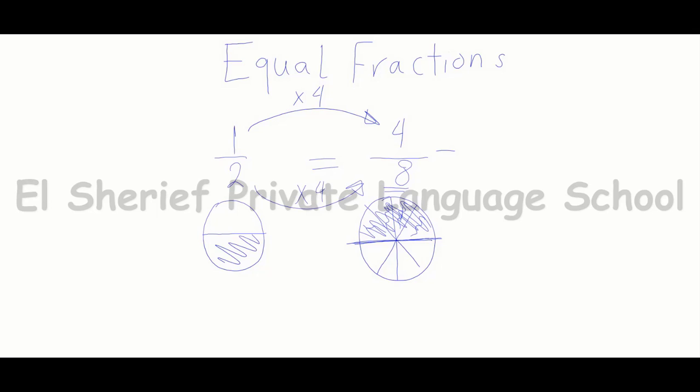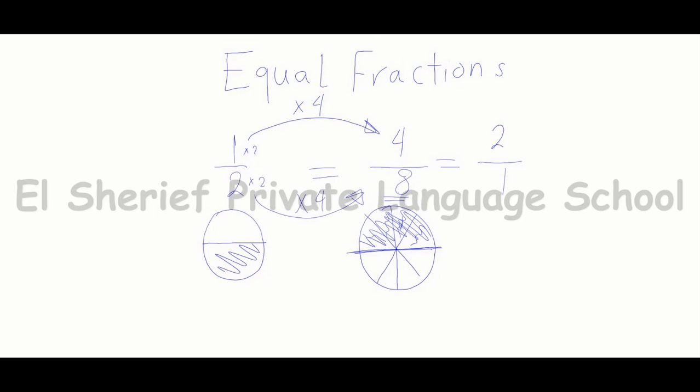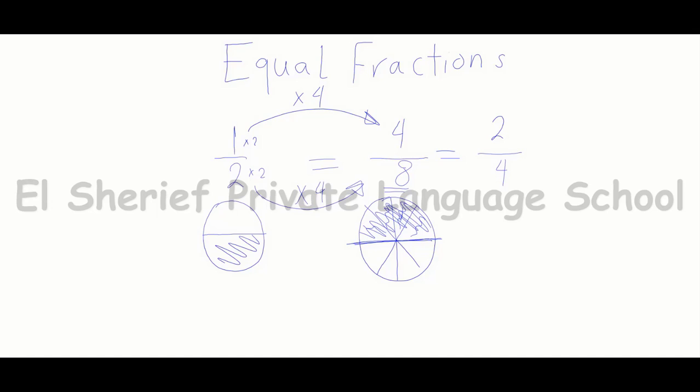Another equivalent fraction to a half is when we multiply by 2 up and down, multiplying the numerator and denominator by the same number. So 1 times 2 equals 2, and 2 times 2 equals 4. So we can multiply a half up and down by the same number and get an equivalent fraction. If we multiply it by 3, we will get 3 over what? 3 times 2 equals 6.